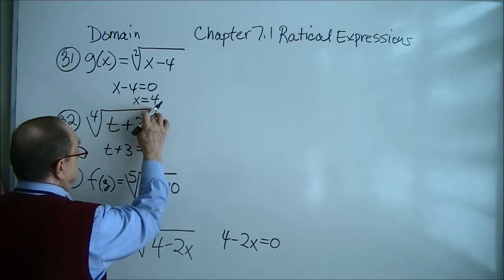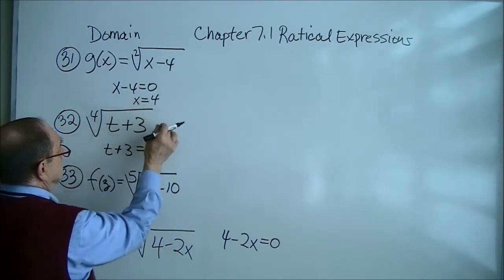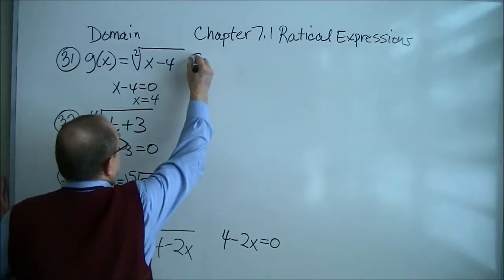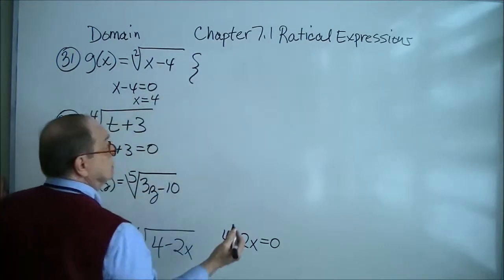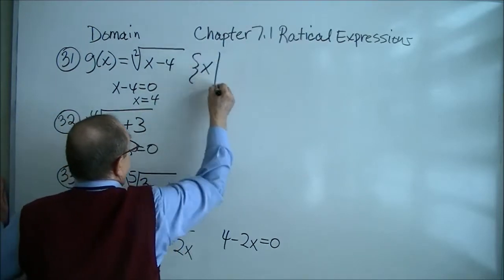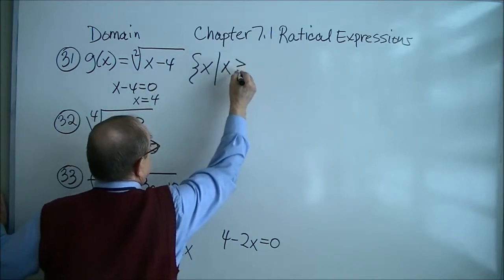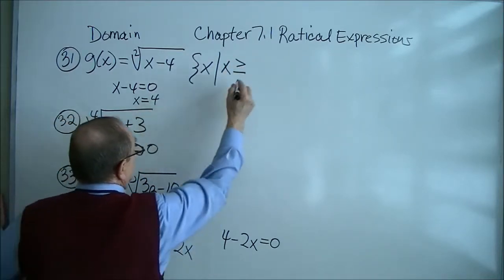So the interval notation for this would be that x is such, well, let's use set builder notation first. x is such that x is greater or equal to 4.